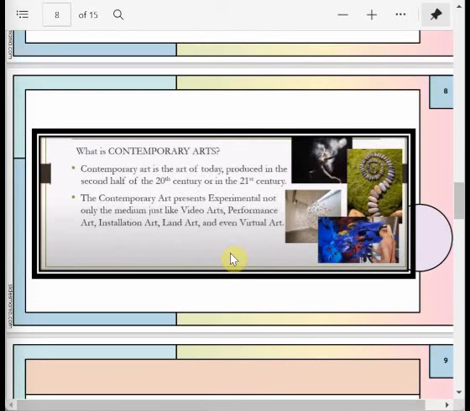So, reaping the benefits and drawbacks of the dramatic changes that occurred at the beginning of the 20th century, the social, political, and cultural context continued to provoke the artists to create art na ina-address yung mga social issues natin. Okay?